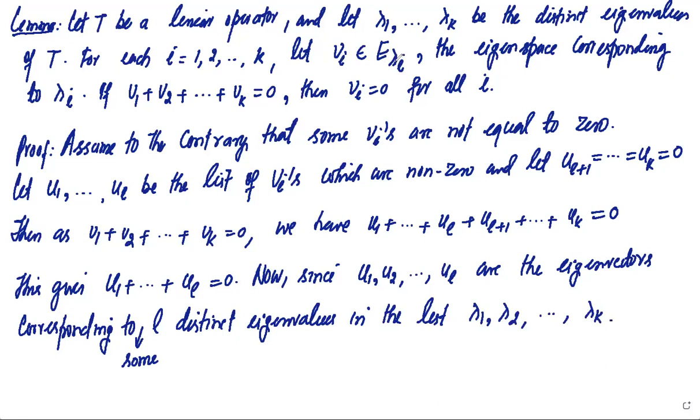If vi is equal to 0, then it is not an eigenvector, but if vi is non-zero, then it is an eigenvector corresponding to lambda i.